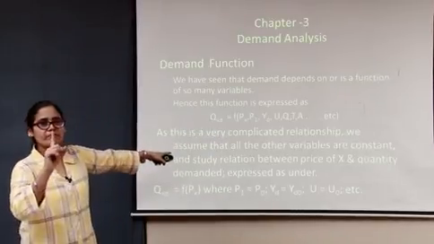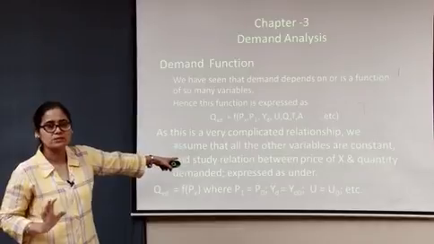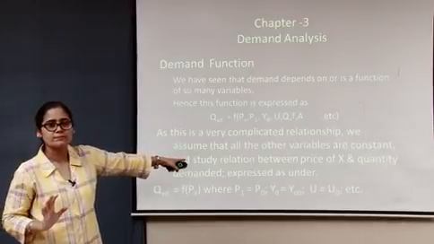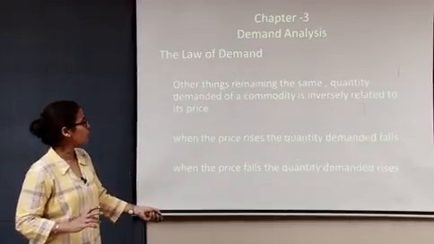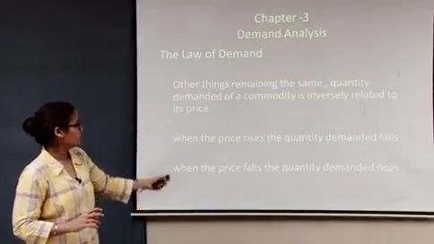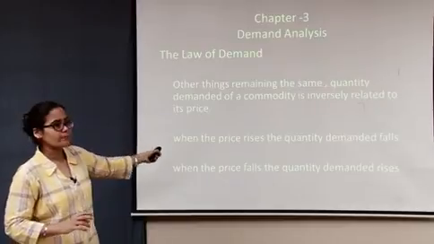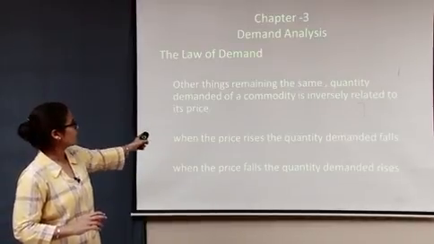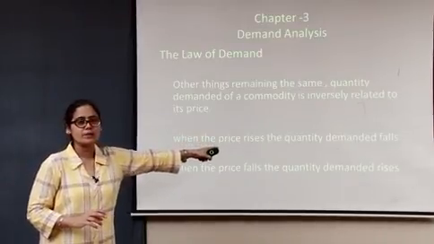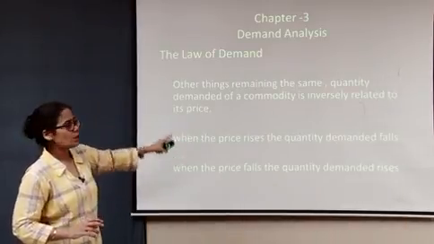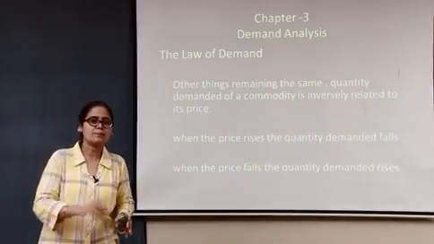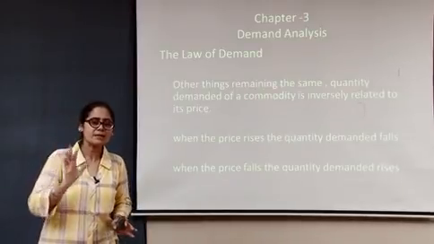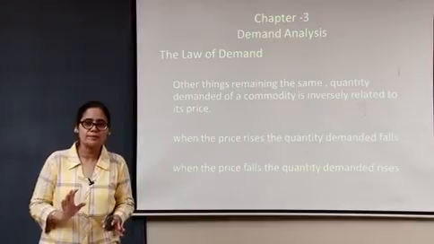When you only pick up the first variable, Px, the price of the product, and don't take the other variables, you come to the relation between price and quantity. So what is law of demand? Law of demand is just trying to understand the relation between two variables, price and quantity demanded.